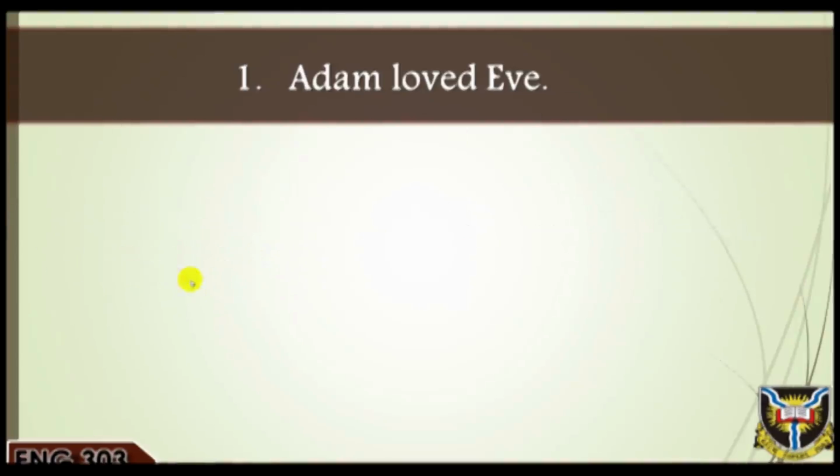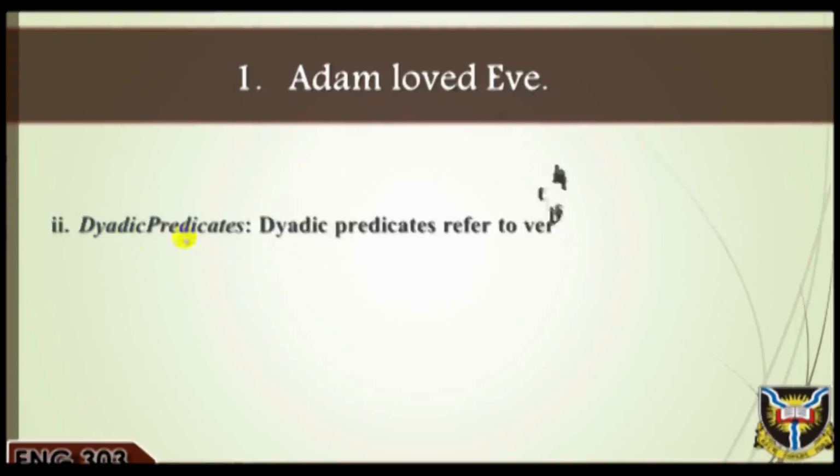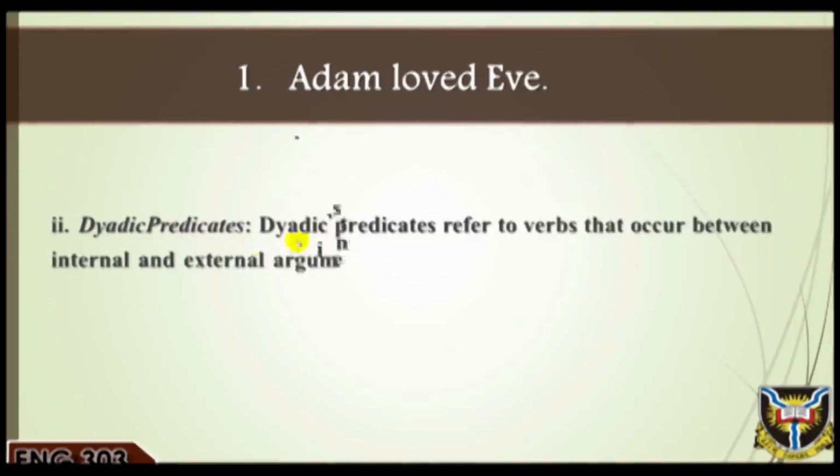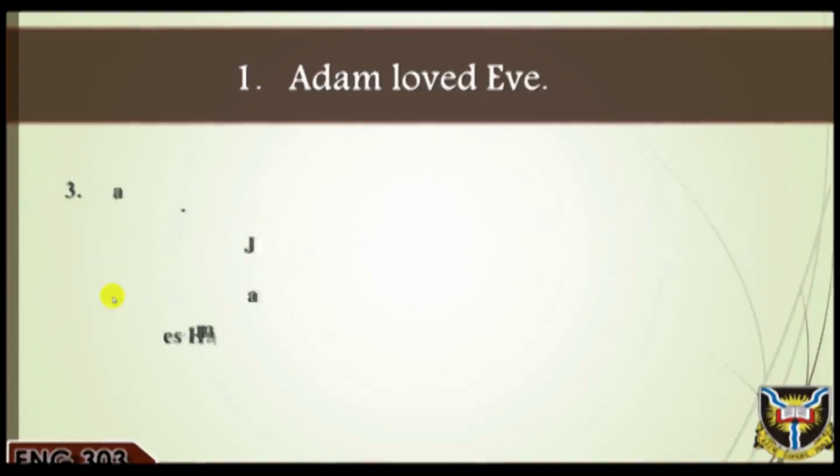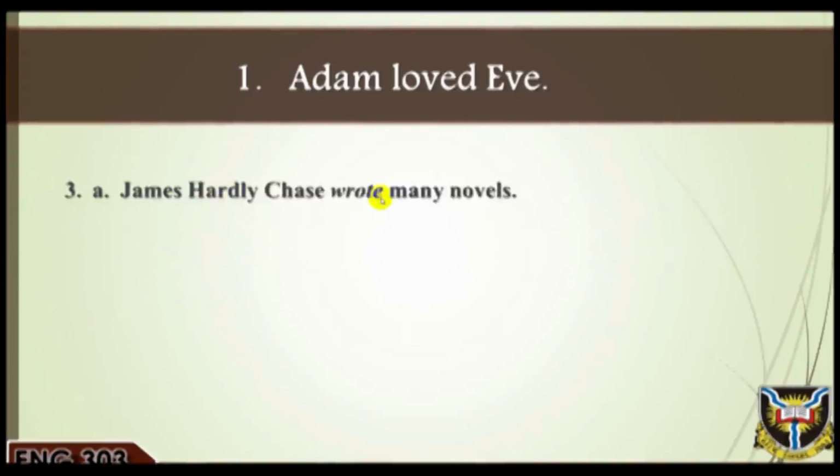2. Dyadic predicates. Dyadic predicates refer to verbs that occur between internal and external arguments, for example, subject and object nouns, as in 3 below. 3a. James Hadley Chase wrote many novels. b.